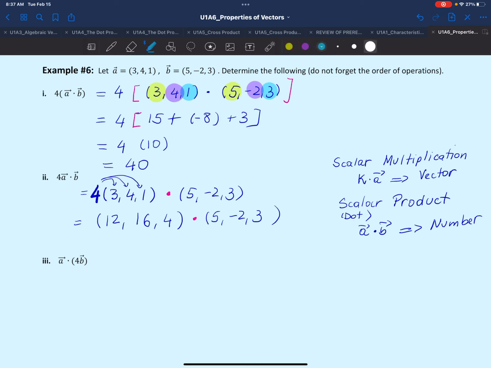Again, same idea, same drill. We multiply x with x, we multiply y with y, we multiply z with z, and we add them all together. So 12 times 5, that's 60. And then we add 16 times negative 2, that's negative 32.